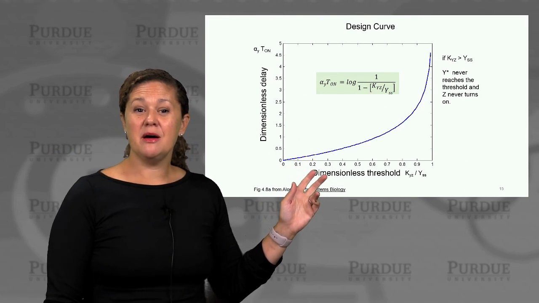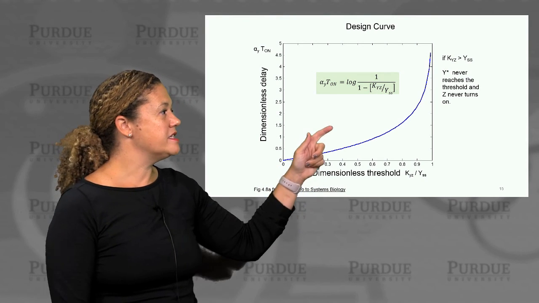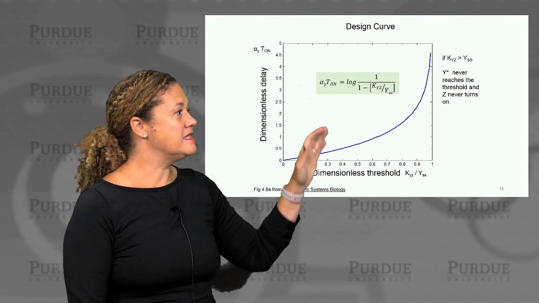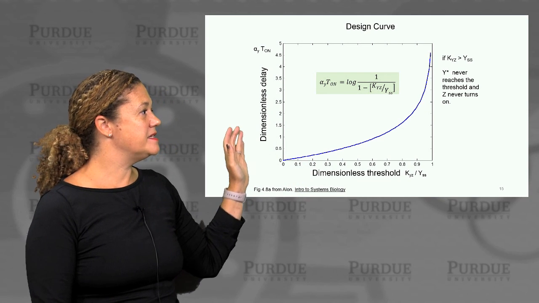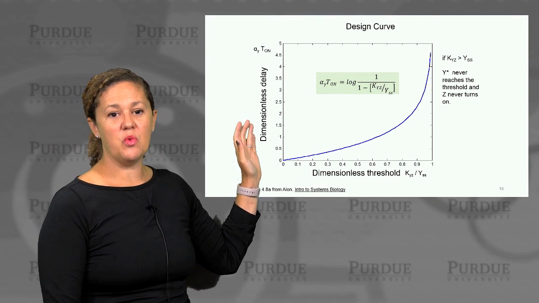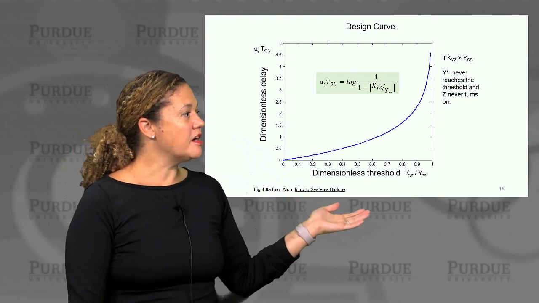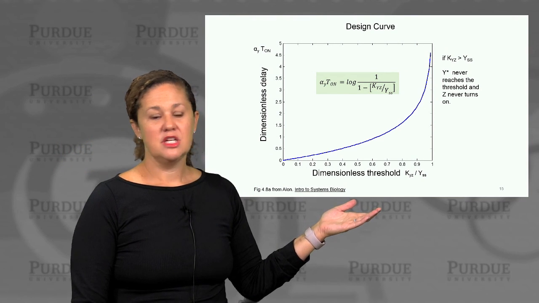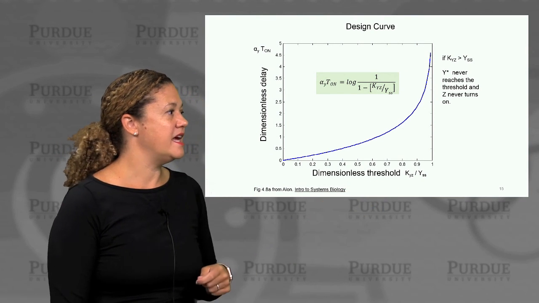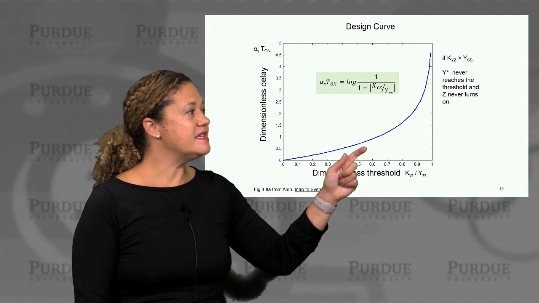Okay, now that should become more clear when we look at our design equation as a design curve. So what's plotted here is the dimensionless delay, alpha Y T on, versus our dimensionless threshold. So our threshold relative to the steady state value of Y. And this is now our curve.